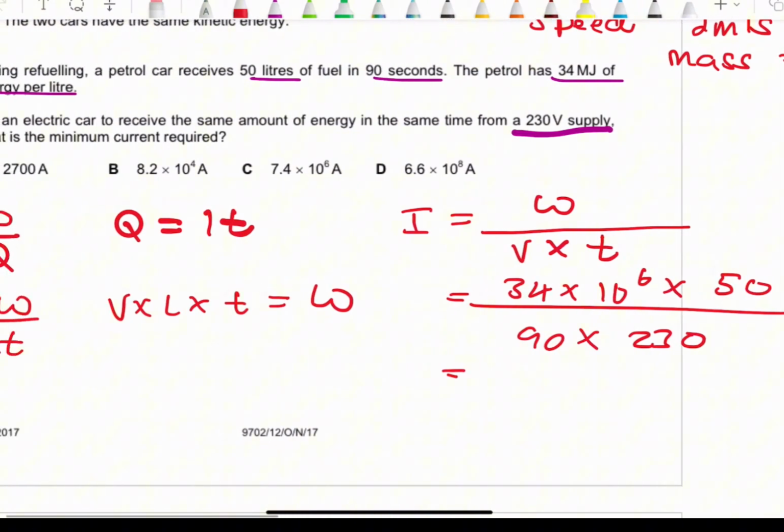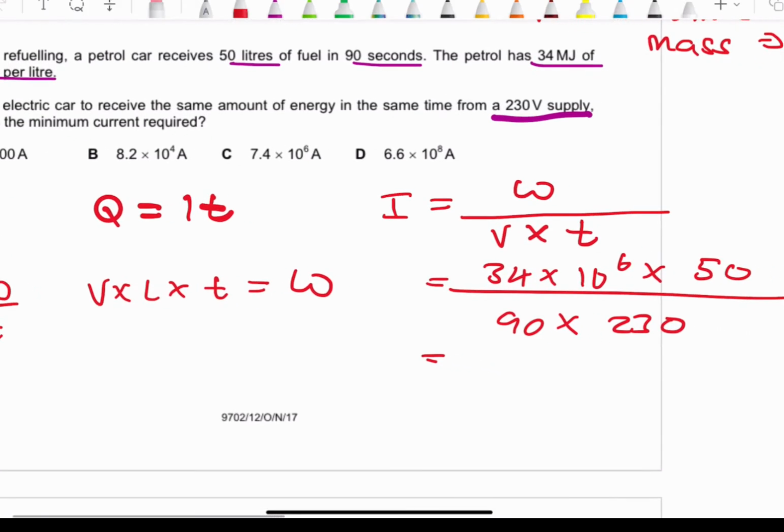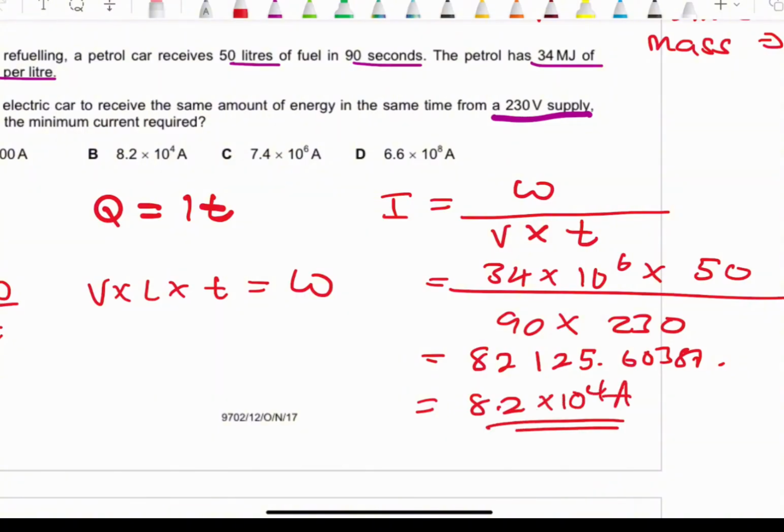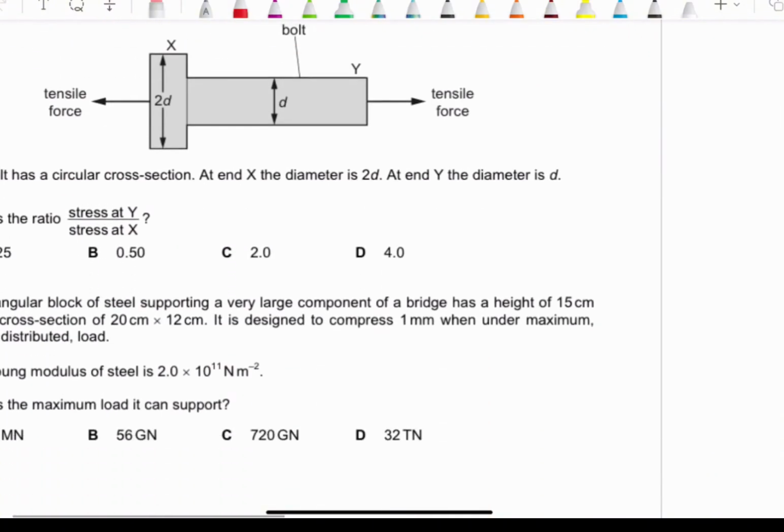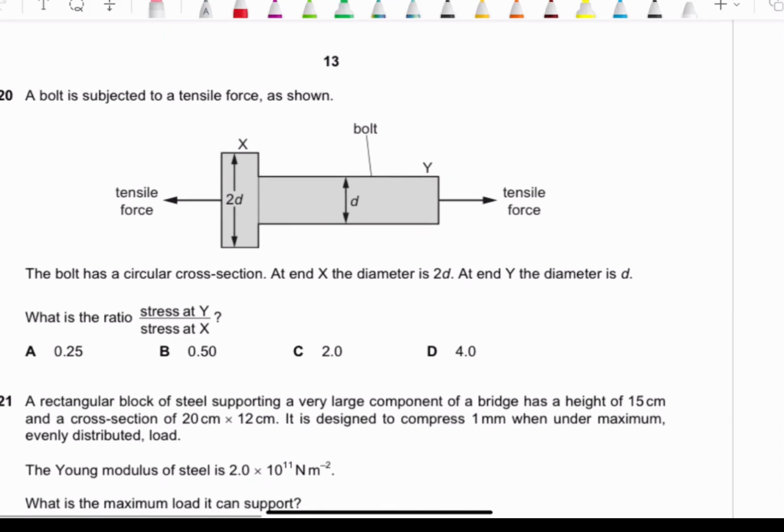You're going to get something like 82,125.60386, about 82, that's going to be 8.2 times 10 to the power 4 amperes. So it's going to be B. Very important. Move on to question 20.